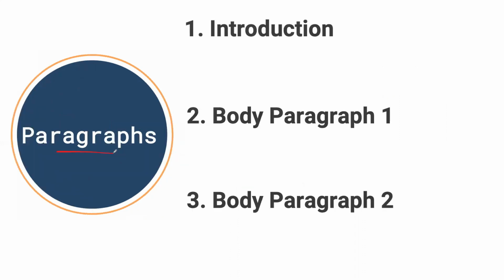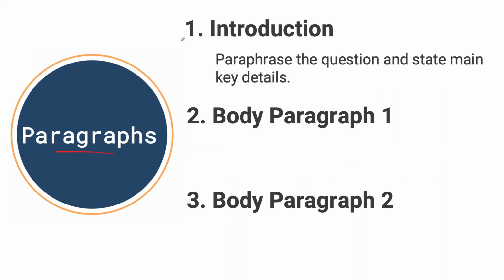We are going to have 3 paragraphs. So it's going to be an introduction, the first thing, and in the introduction, we are going to paraphrase the question and state the main key details. Now, by paraphrasing, what we're going to do is basically restate the question in different words. So this is really going to call upon our synonyms, and this will just make sure that we're writing and answering the questions that are necessary. Then our last 2 paragraphs are going to be body paragraph 1.